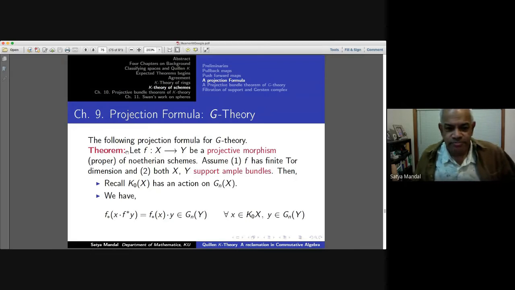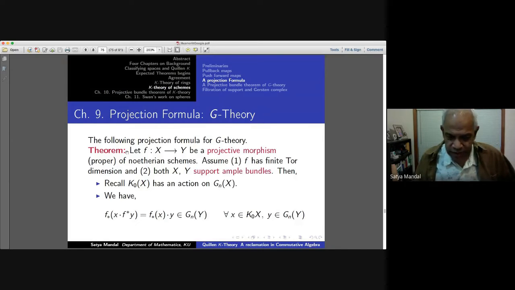So I have to assume that. And in this case, I define the action of K0 of X on G_n, at least in the affine case. Now I have this projection formula. I do not know how much you like this theory, but this is what they do.